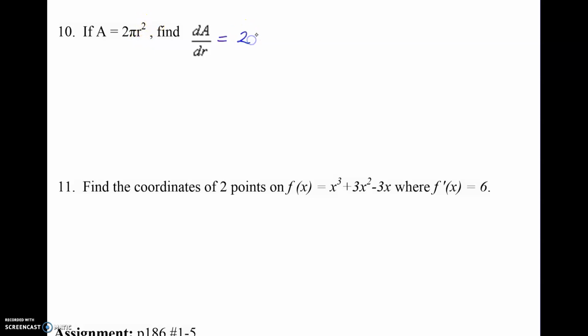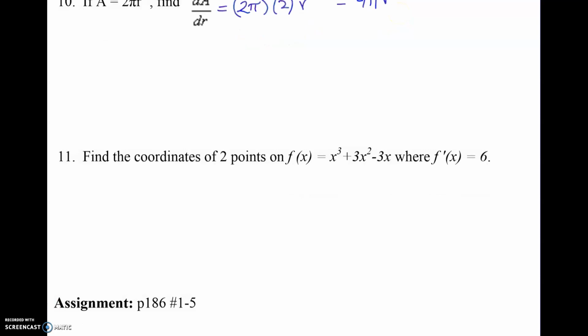So we've got the constant, multiplied by the exponent times r to the power of the exponent, 2 minus 1. So we're finding that our derivative, dA with respect to dr, is equal to 4 times pi times r to the power of 1. Don't need to write it.